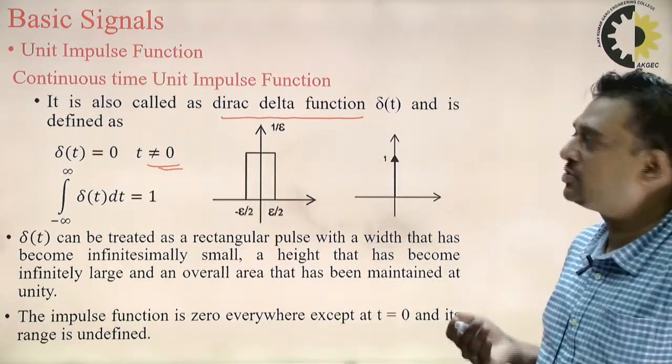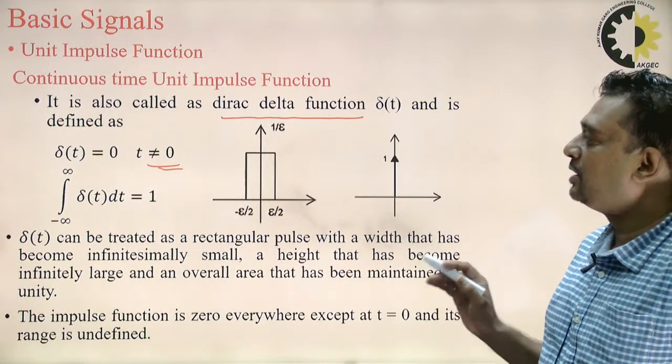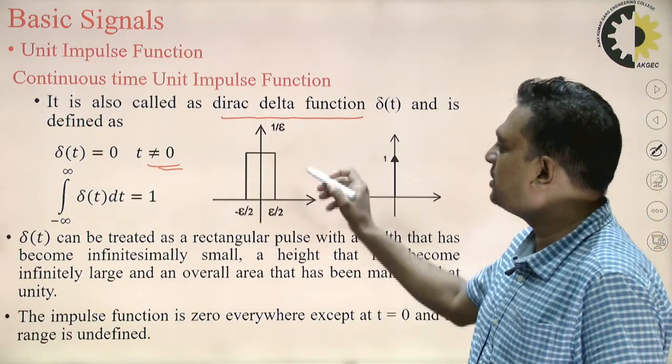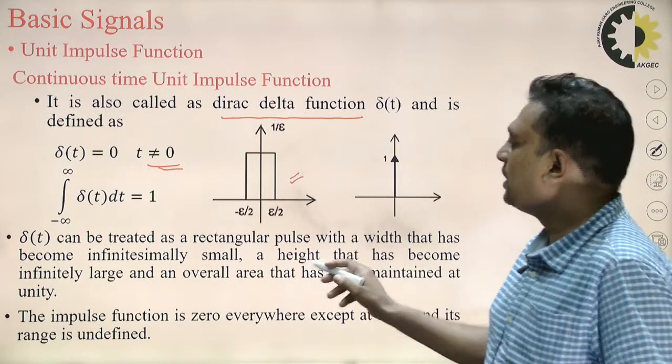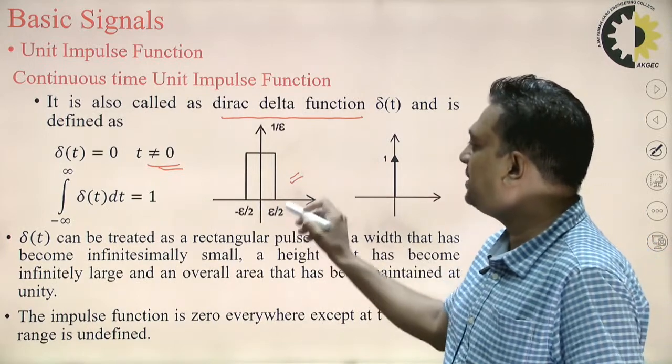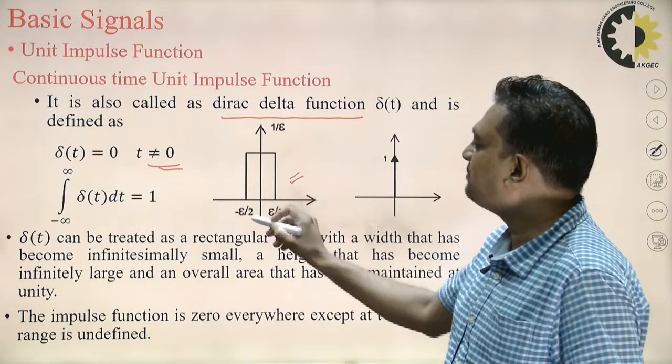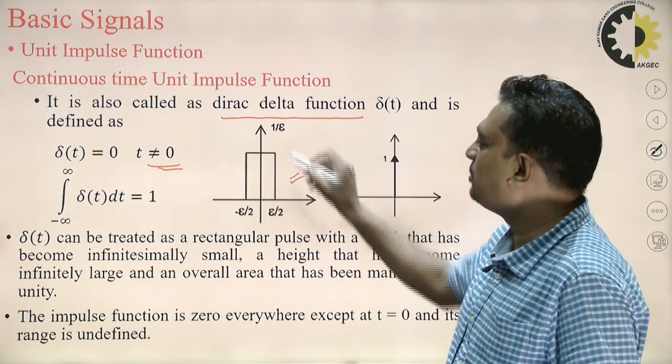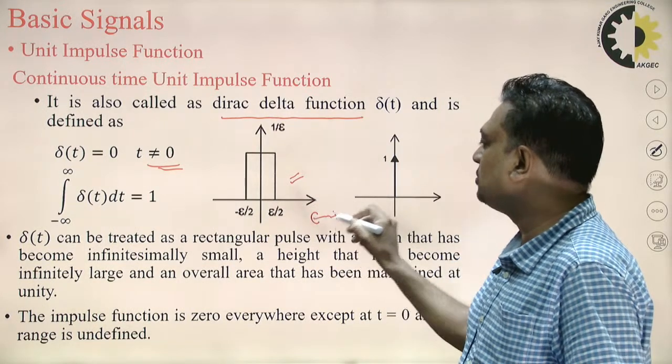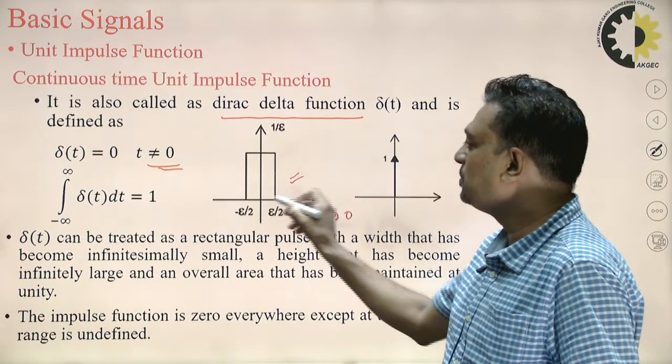You can imagine delta(t) like a rectangular pulse of width epsilon, from minus epsilon by 2 to epsilon by 2, and height 1 upon epsilon. If epsilon tends to 0, then this width tends to 0 and 1 upon epsilon becomes infinity.